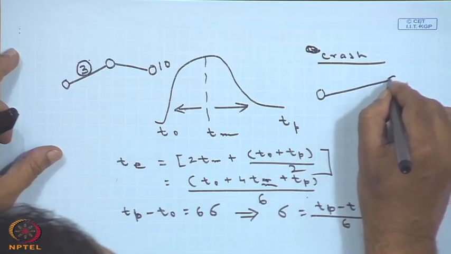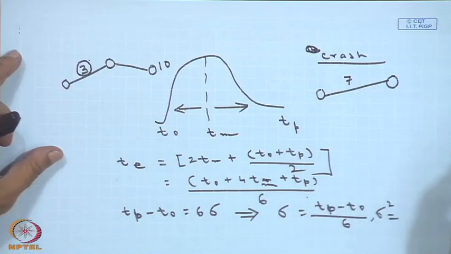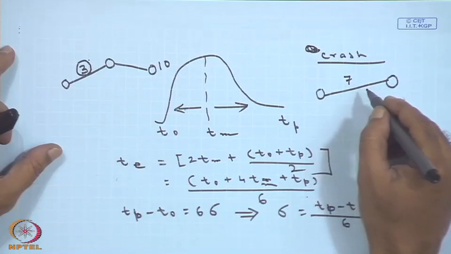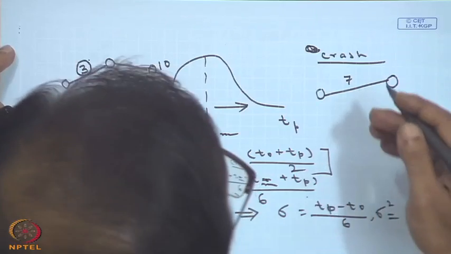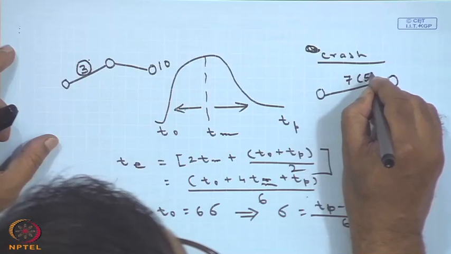From one activity to another activity, suppose it takes 7 days, and the crash time, that is, if I enforce extra labor or if I give overtime, I can complete this activity in 5 days, say.